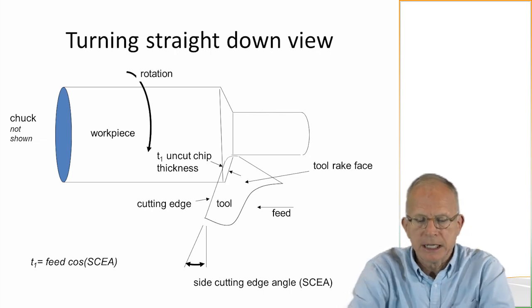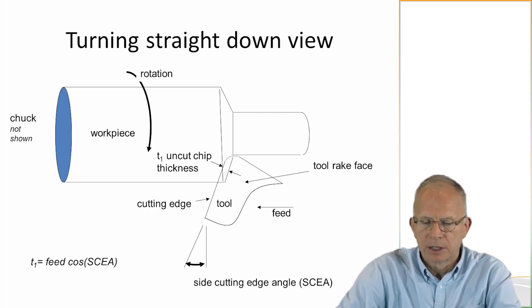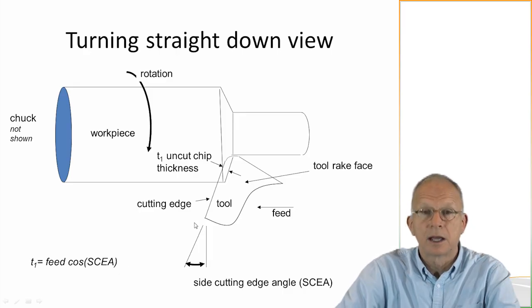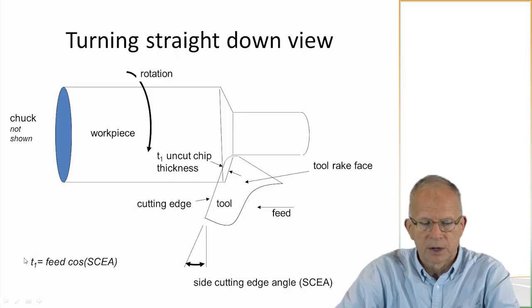So here's our straight down view looking at turning, and this is the same view that we were looking at in the previous lecture. And so T1 is the uncut chip thickness, and this is the feed modified by the cosine of the side cutting edge angle here. So as the side cutting edge angle goes to 0, the feed and T1 are the same.